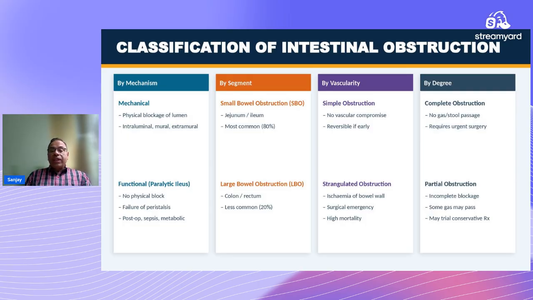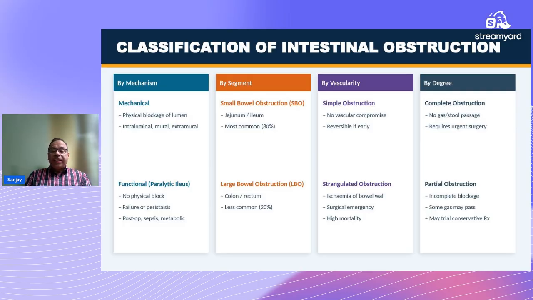So, based on that, we have a simple obstruction where there is no vascular compromise and it's just a case of intestinal obstruction. Here, the vascularity remains patent, and these cases are reversible.